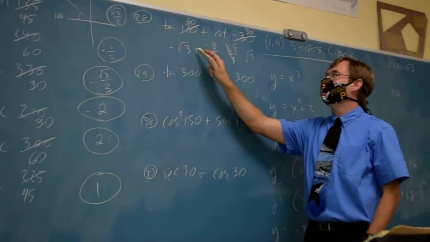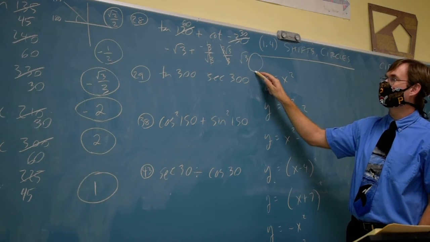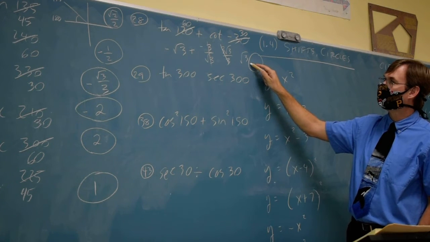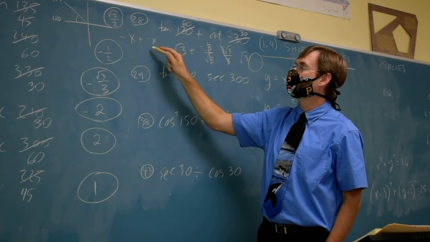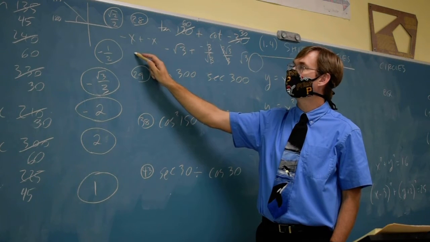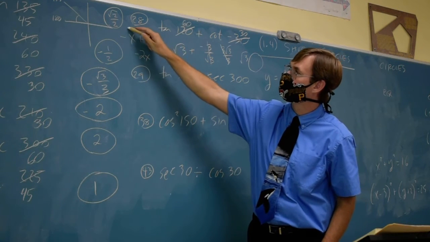If negative root 3 adds another negative root 3, a thought on the grand total? If negative x added another negative x, what would you make? Negative 2x, because invisibly there are 1s.